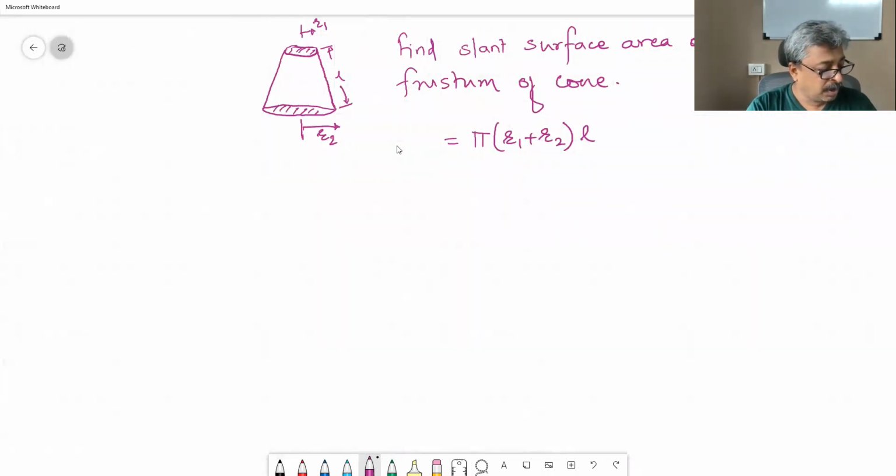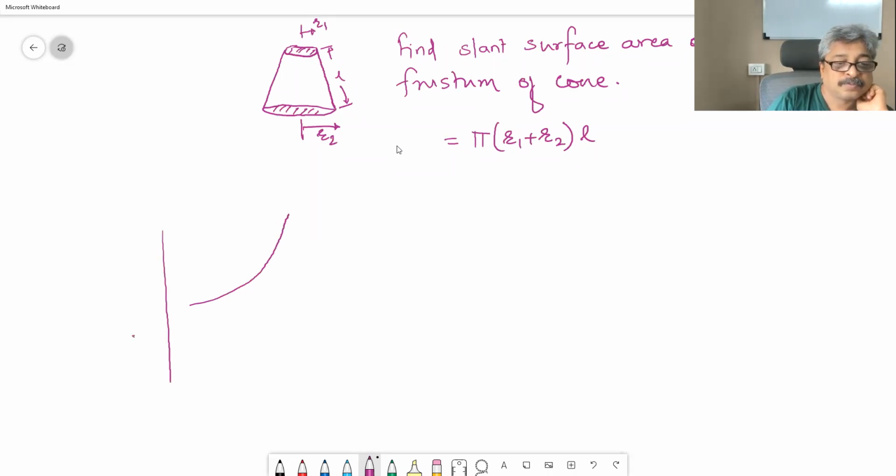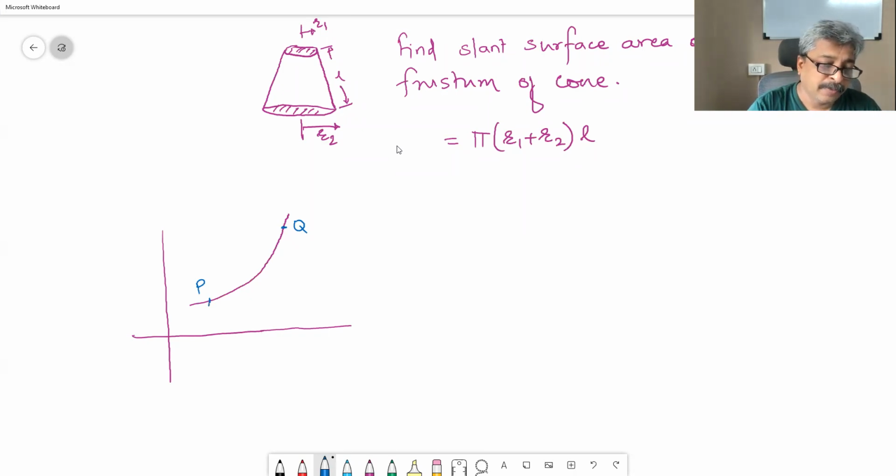Now let us develop the surface area of a solid generated by revolution. So let us consider a function from P to Q. If we wish to revolve this around the x-axis, then it will generate some solid of revolution whose surface area we are interested in finding.